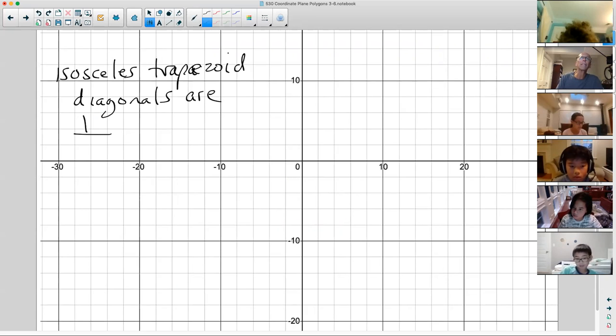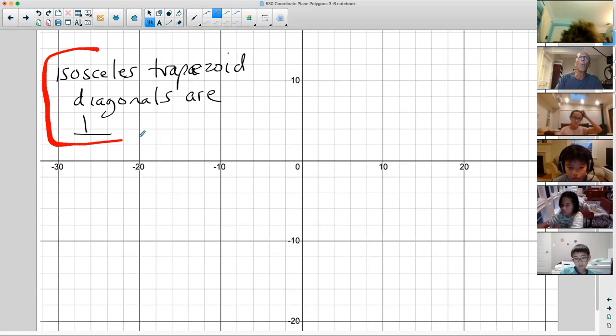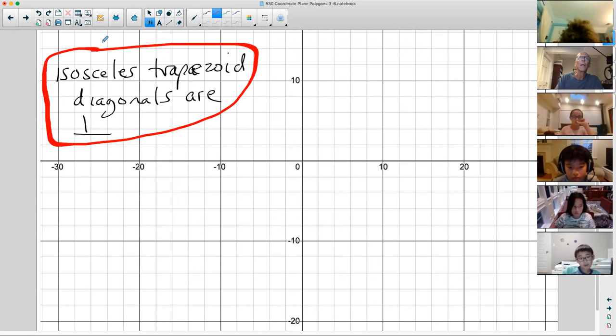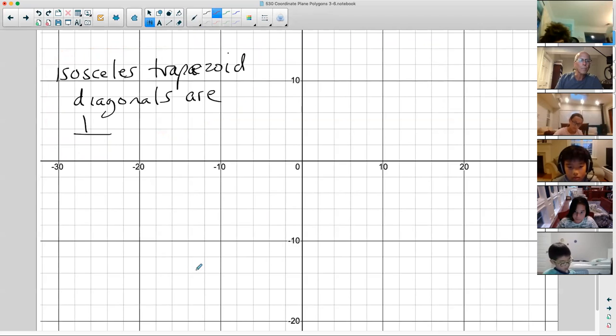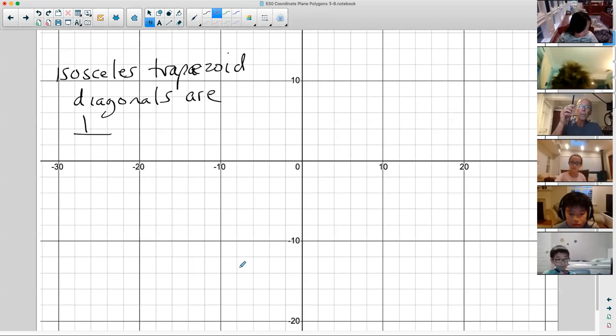But I want you guys to pick up your pen and see if you can draw an isosceles trapezoid whose diagonals are perpendicular. I think I can do it. I'm just not sure. Everybody should be writing right now. This is not a thought exercise.